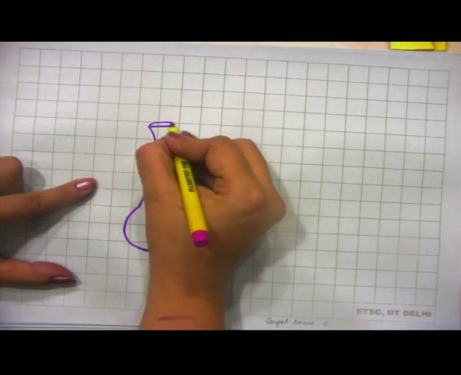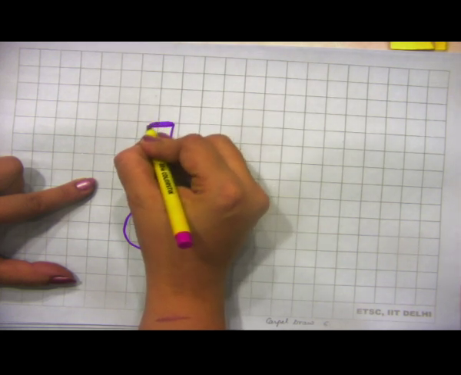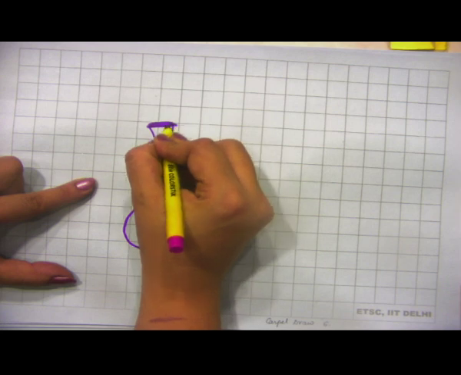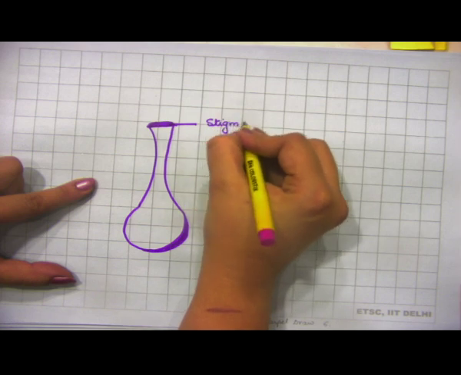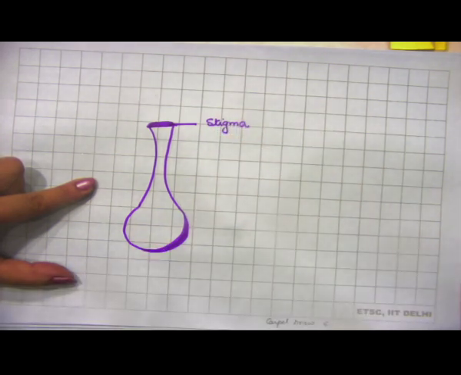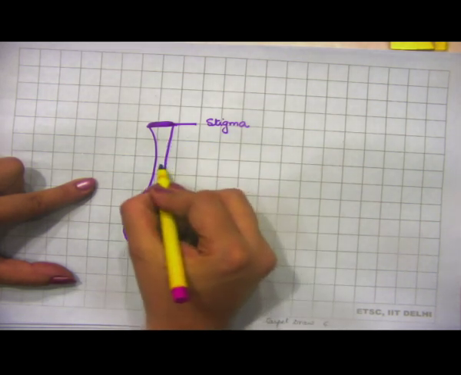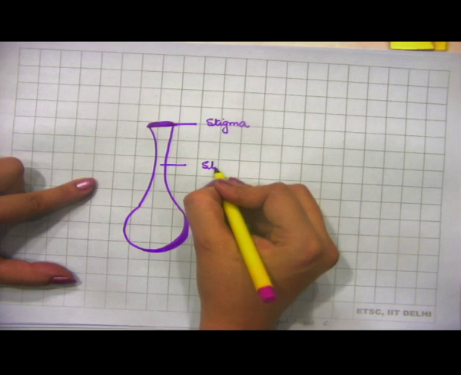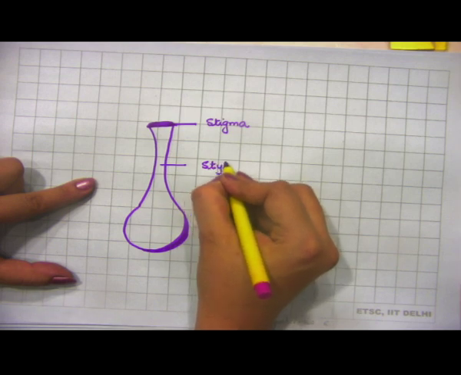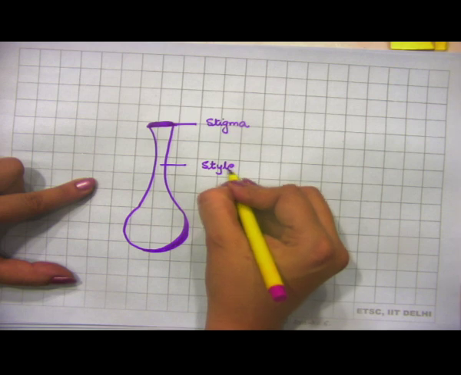This part is the stigma. Can you tell me the function of the stigma? What does it do? Yes, the stigma forms the receptive surface to receive the pollen grains. The style forms the junction between the stigma and the ovary and takes the pollen tubes to the ovary.